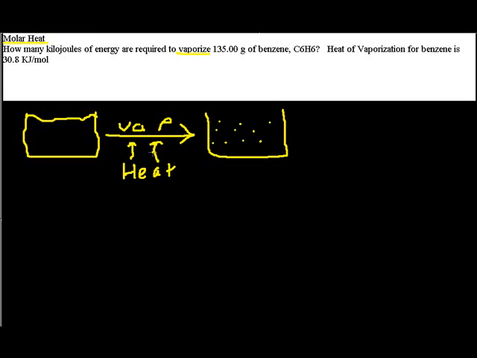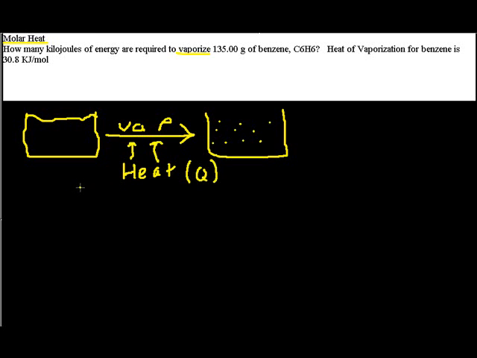Heat is going to be entering the system to cause the vaporization of benzene to go to a gaseous state. We symbolize heat with the letter Q. And again, a critical piece is we're inputting heat because it requires heat energy to create the separation.